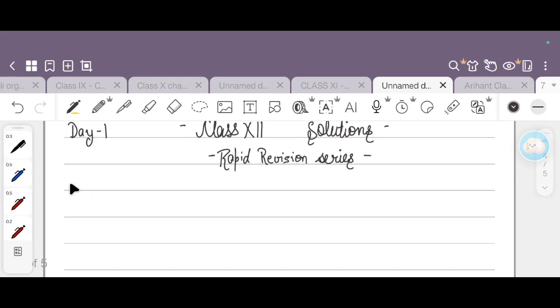Starting with the definition of solution. Solutions are known as perfectly homogeneous mixtures of two or more components.